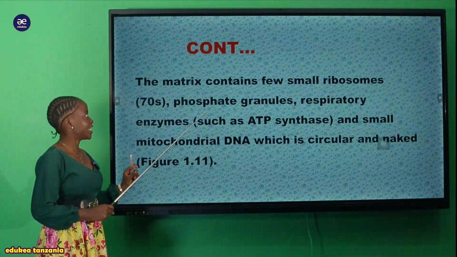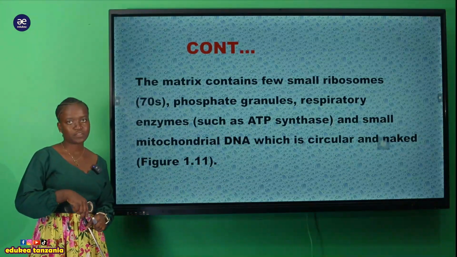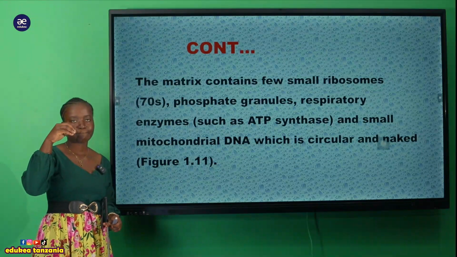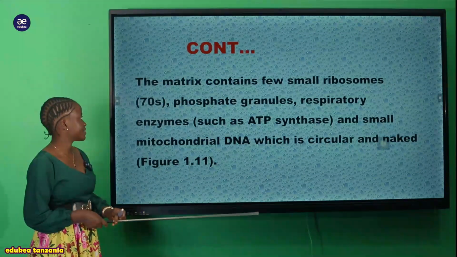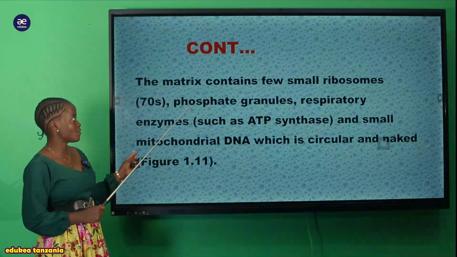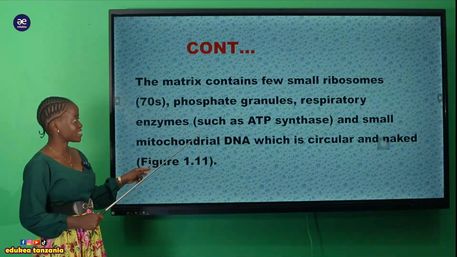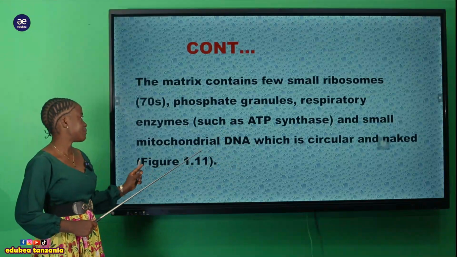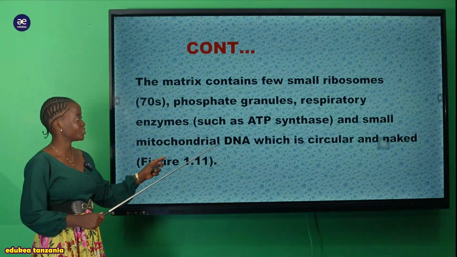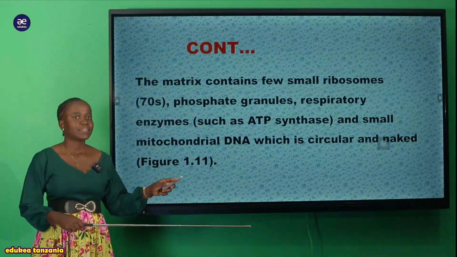Kwamba kwenye ile matrix of the cytoplasm of the mitochondria, ndani yake kuna small ribosome, kuna phosphate granules, kuna respiratory enzyme ambayo inaitwa ATP synthase, pamoja na small mitochondrial DNA ambayo inakuwa small naked.